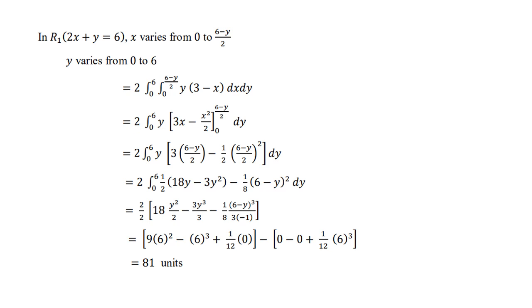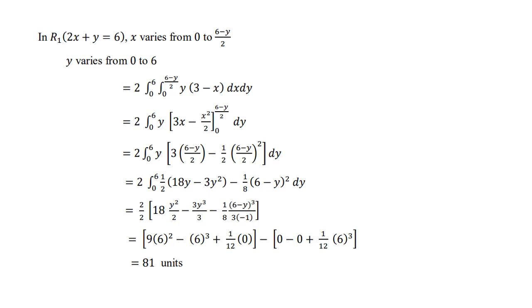Now we can solve this double integration. First we solve the innermost integral. Integrating y into (3 minus x) with respect to x, we get 3x minus x squared by 2, with the lower limit 0 and the upper limit (6 minus y) by 2.